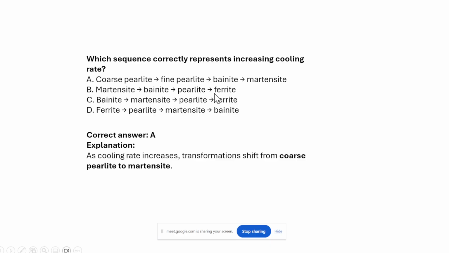Martensite, bainite, pearlite, ferrite: order is correct, but the arrows are different, because first comes the ferrite, then pearlite, then bainite, and then martensite. Next, option C: bainite, martensite, pearlite, and ferrite. No, because martensite should come at the last. And ferrite, pearlite, martensite, and bainite. No. So the answer will be A.